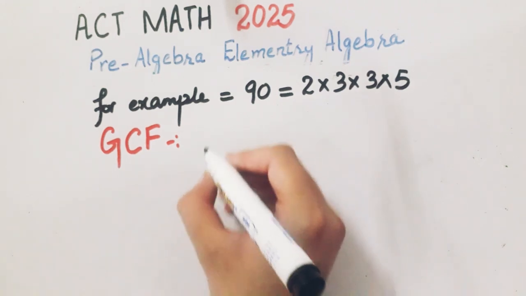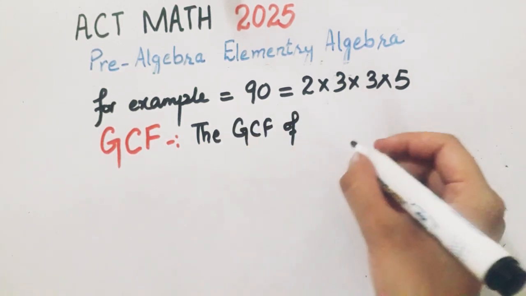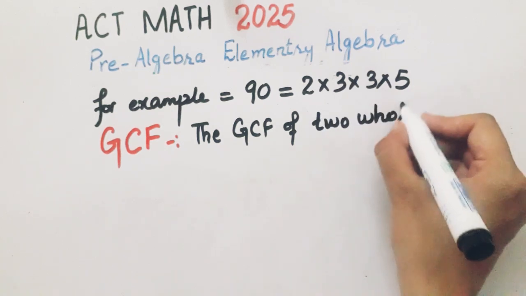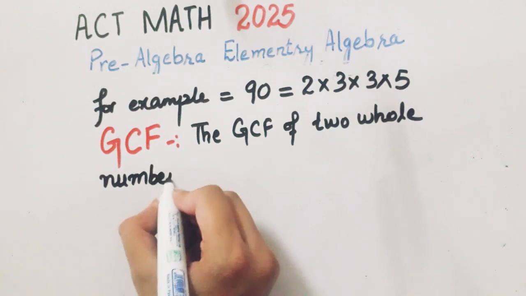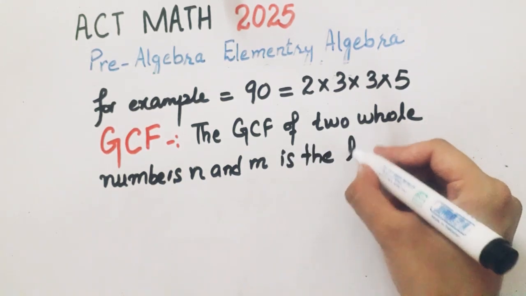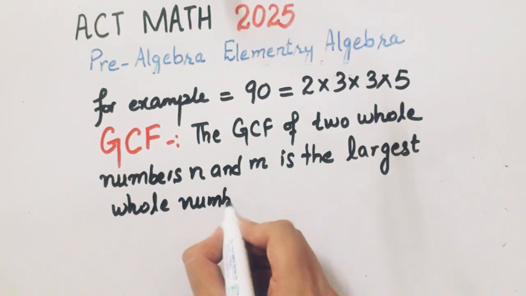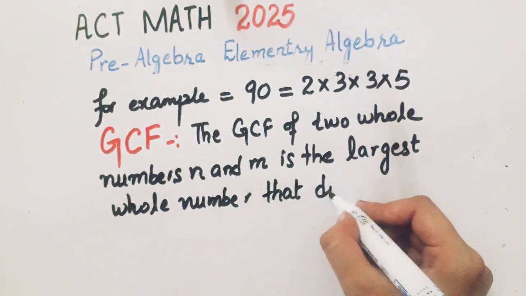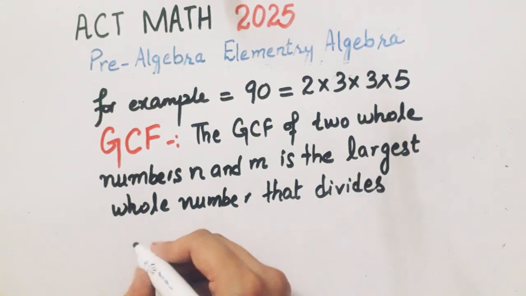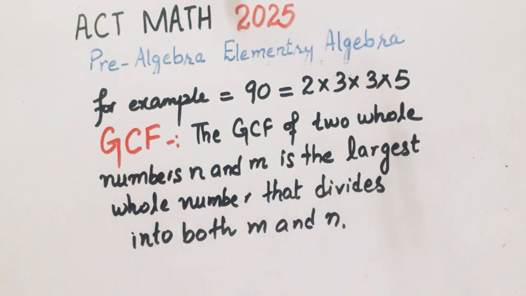The GCF of two whole numbers n and m is the largest whole number that divides into both m and n. Now I will tell you what the least common multiple is.